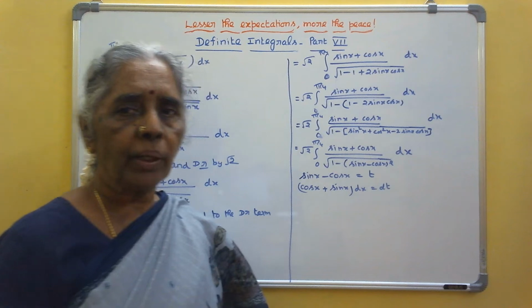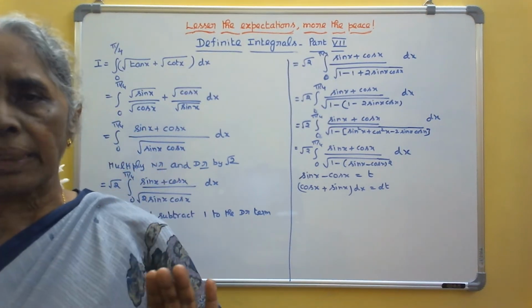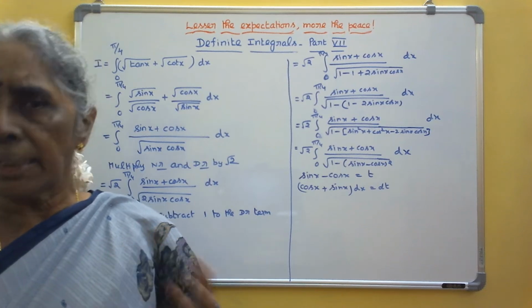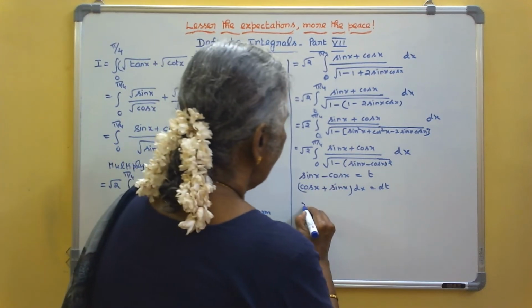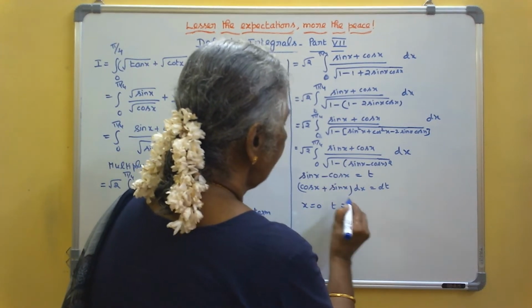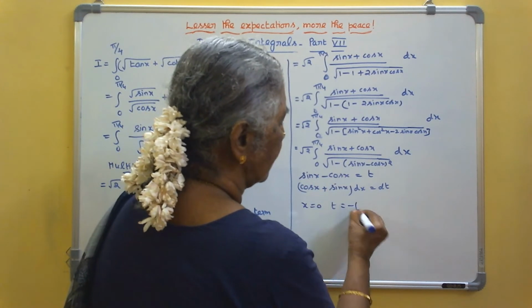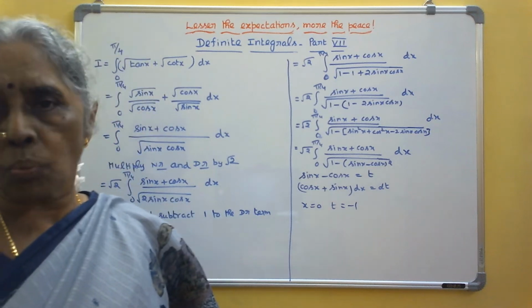Then what is another point you have to remember? Change the limits. The limits given here are only for x, so we have to find the t limits. When x is 0, t will be sin 0, which is 0, minus cos 0, which is 1. So t will become minus 1.